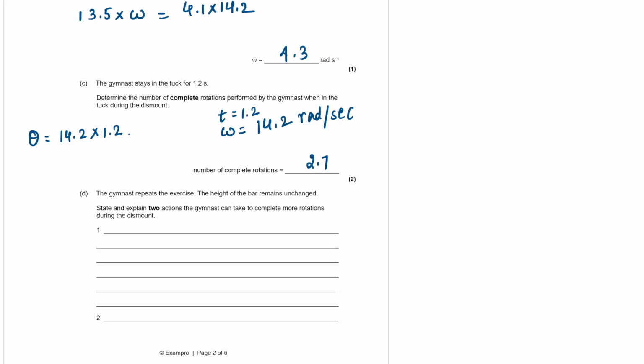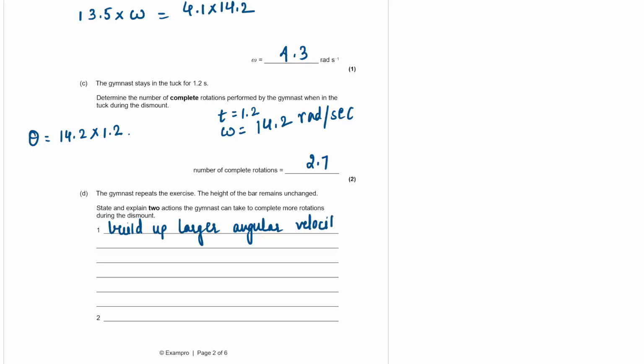When he started he was rotating himself around the bar, so if he builds up a greater starting angular velocity, it would end up reaching a final higher angular velocity and hence more rotations. So first, he could start by building up a larger angular velocity during the dismount.